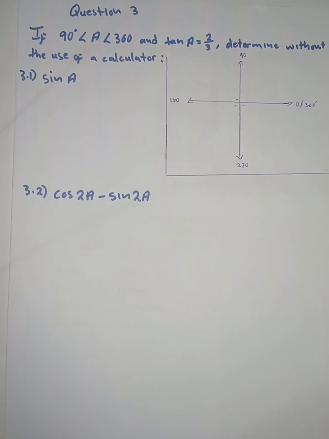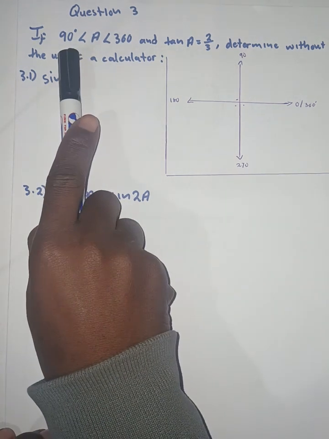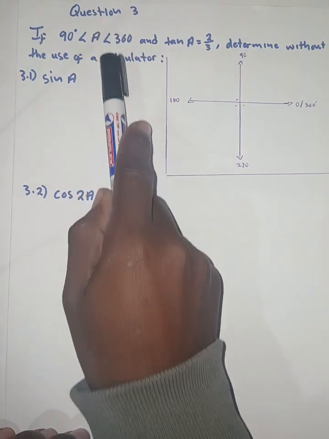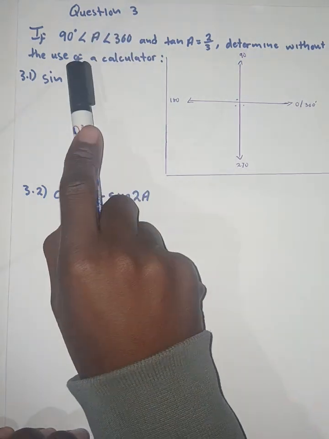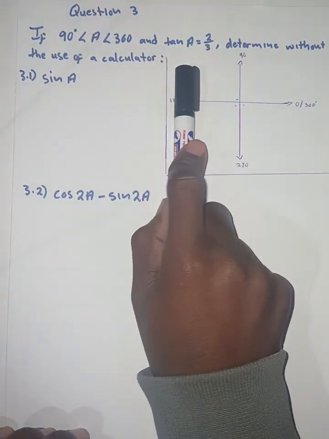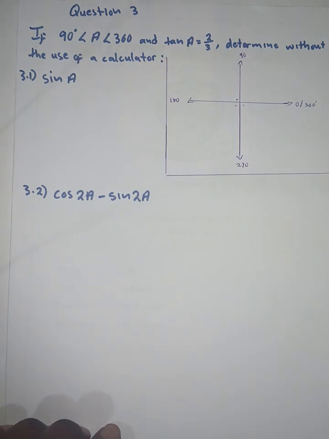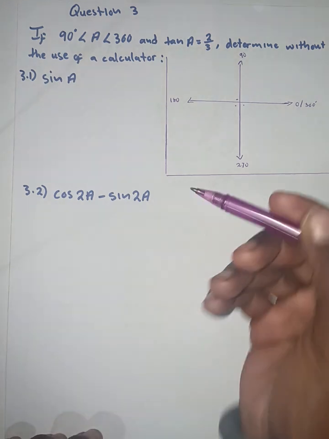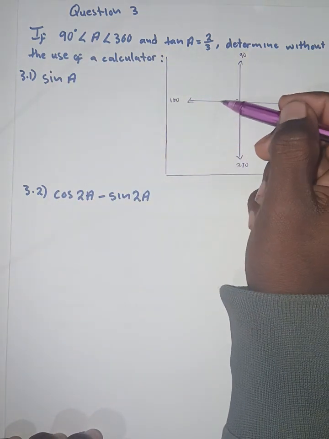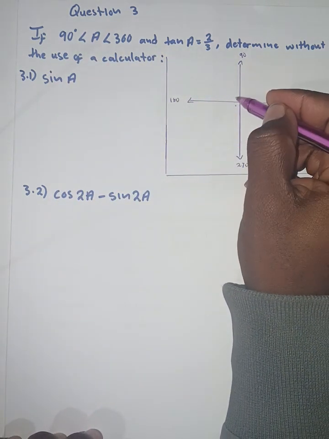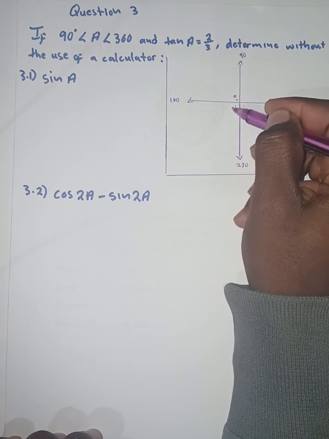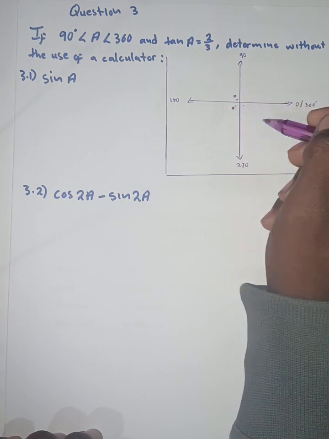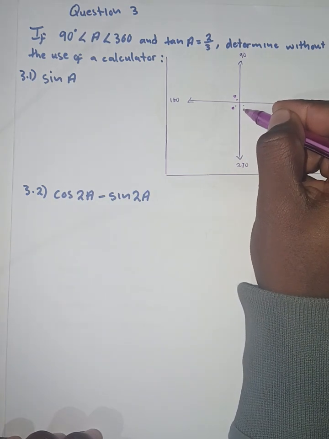So question 3 says, if A is between 90 and 360 and tan A is given to be 2/3, determine without the use of a calculator sine of A. So the first thing that we need to do, remember that 90 to 360 covers the second, third, and even the fourth quadrant.